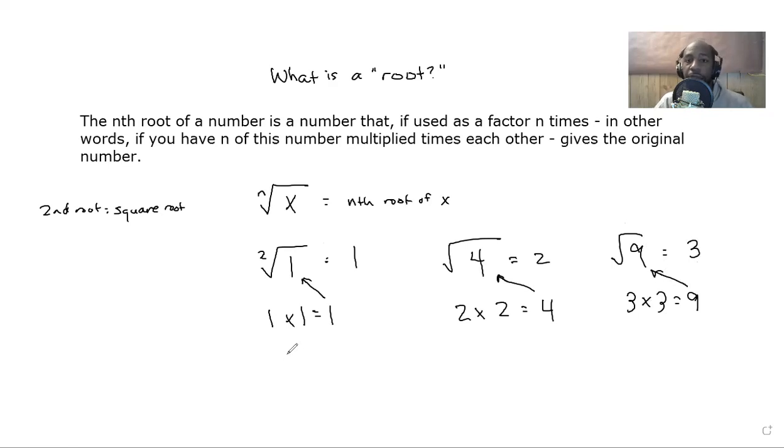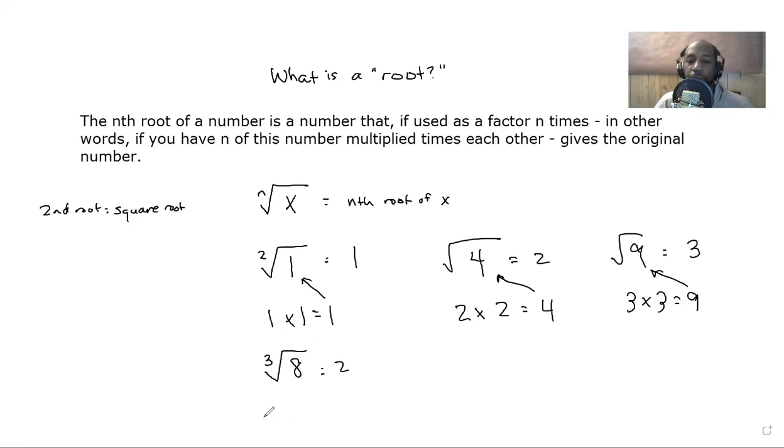Good. All right, now let's look at another example of not square root, but cube root, for example, the cube root of 8. And you just kind of see how this stuff works. What is the cube root or the third root of 8? In other words, what is a number that if you multiply it times itself 3 times, you get the original number, which is 8?